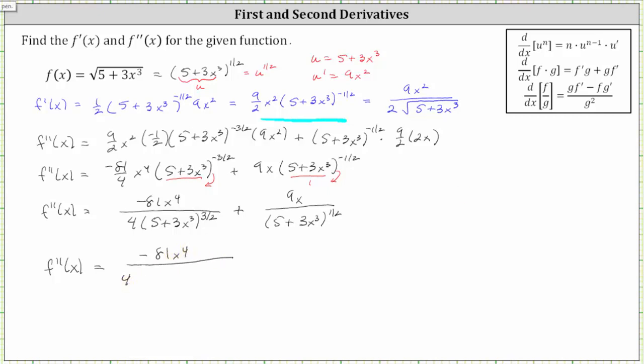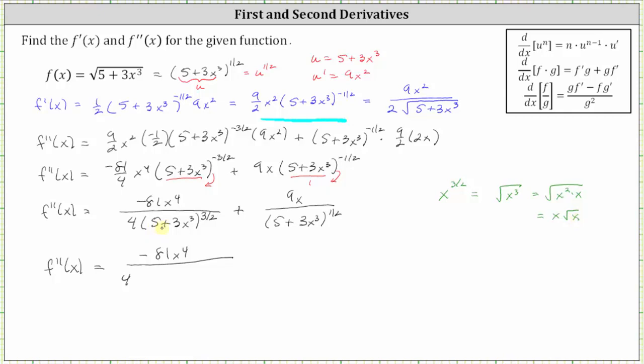For a quick review on what's going to happen here when we have something raised to the 3/2 power, if we have x to the power of 3/2, this is equal to the square root of x cubed, which does simplify because x cubed has the perfect square of x squared. X cubed is equal to x squared times x, which simplifies to x square root x.